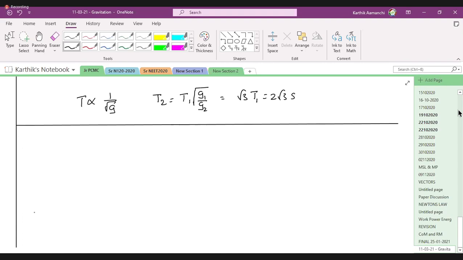The change in gravitational potential energy, if the body is taken from origin to a point 7 comma minus 3.